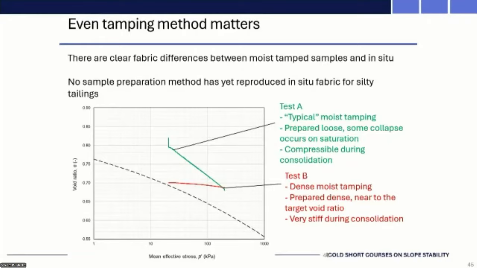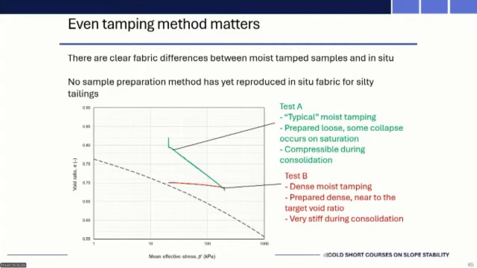Sample B was started at a much lower initial void ratio. It was tamped with a lot of energy to get to that initial value of about 0.7, but then it was loaded to get to that same point. To make sure that A and B converged, there was quite a lot of trial and error, because you need to know where to start so you get to the same endpoint. But they had the same void ratio.